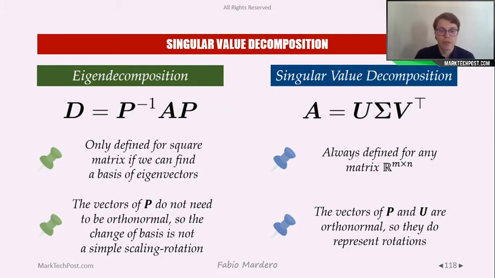The second difference is that in the Eigendecomposition, the vectors of P do not need to be orthonormal, so the change of basis is not a simple scaling or rotation. In the SVD, instead, the vectors of V and U are, by definition, orthonormal, so they represent rotations.